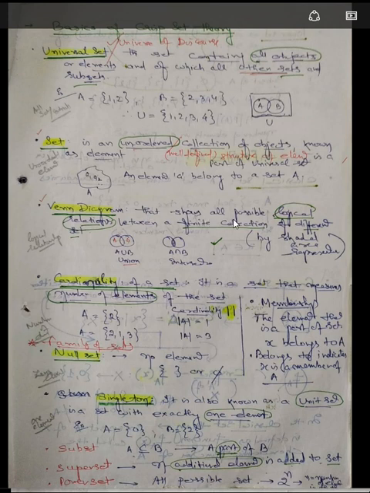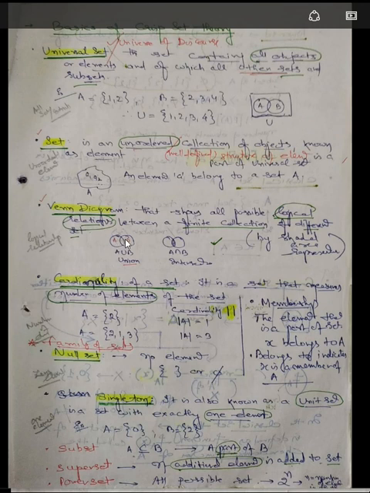A Venn diagram shows all the possible logical relationships between a finite collection of different sets.